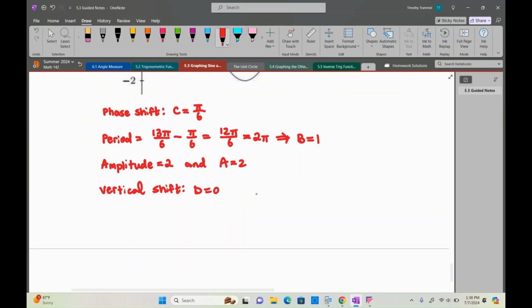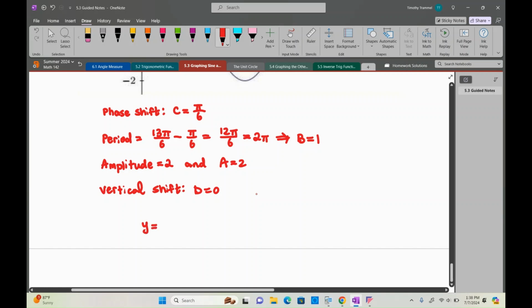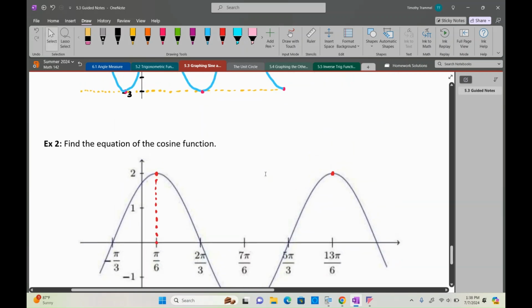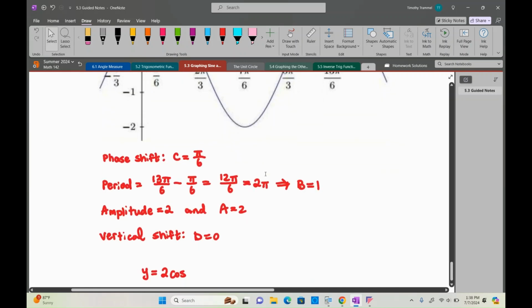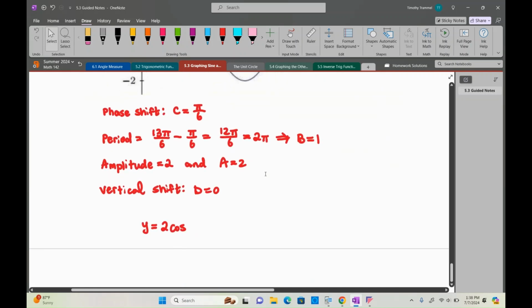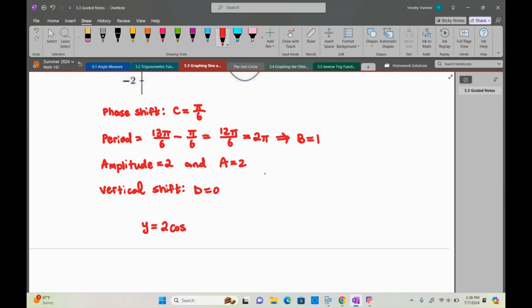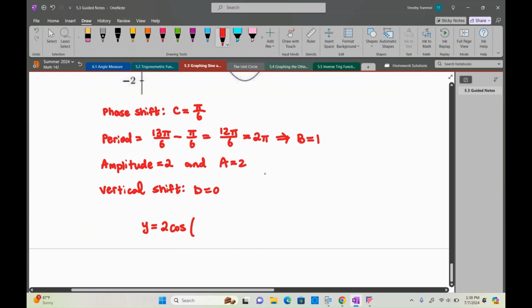And so that means we can now write the equation. Y equals A. So A for us is 2. We said we were asked to use a cosine function. The variable isn't specified, so I could use x or theta here. It doesn't really matter. Go ahead and use x. So then we have b, which is 1. So I don't even need to write in b.